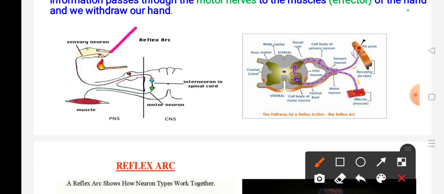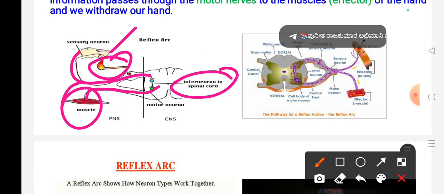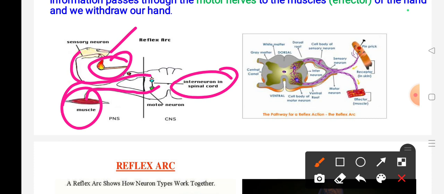Then they have given one example. See, it's a finger. In the finger, sensory neurons are there. It comes in contact with the burning stick. Then the message is sent to the spinal cord. In the spinal cord, interneurons are there. They send a message to the muscles to withdraw the hand or fingers.